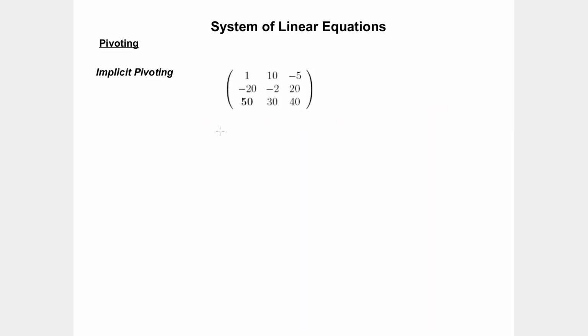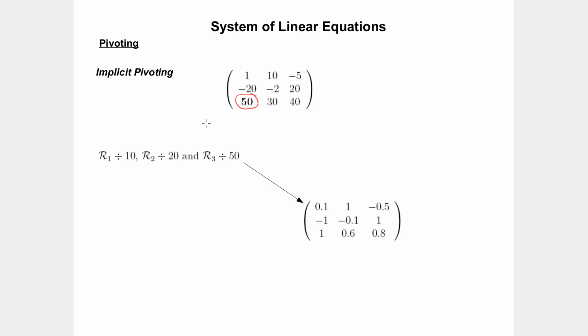So then what comes is something we call implicit pivoting. That's why I wrote the exact matrix here. In implicit pivoting, what you do is take every row and pick up the maximum magnitude element of the row. Here, the maximum magnitude element is 10. Divide the entire row by the maximum magnitude element.